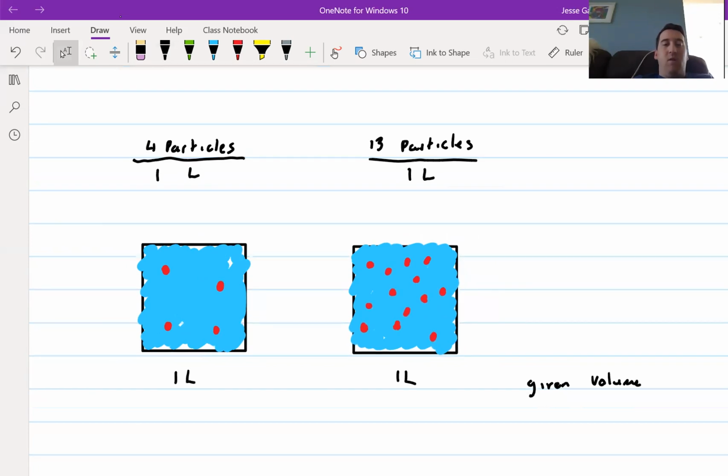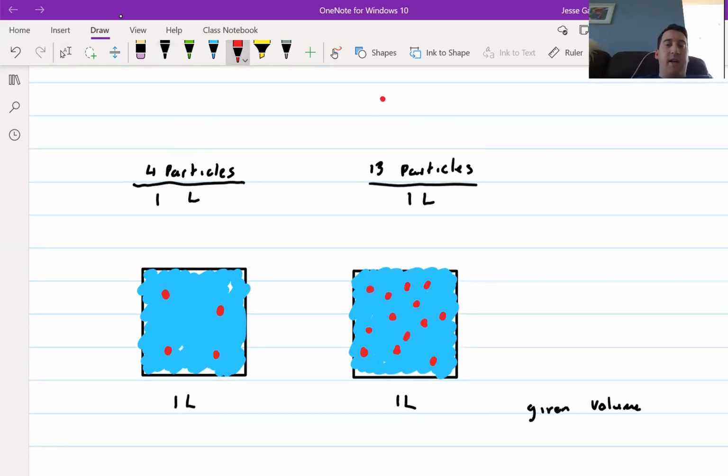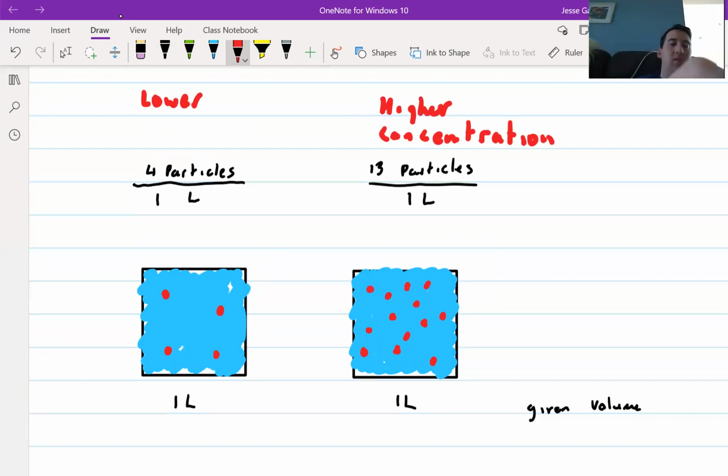So obviously then we would say that the second container has more particles for every liter, or for the given volume. More particles for the same given volume. So in this case, we would say that this one has a higher concentration. This one has a lower concentration.